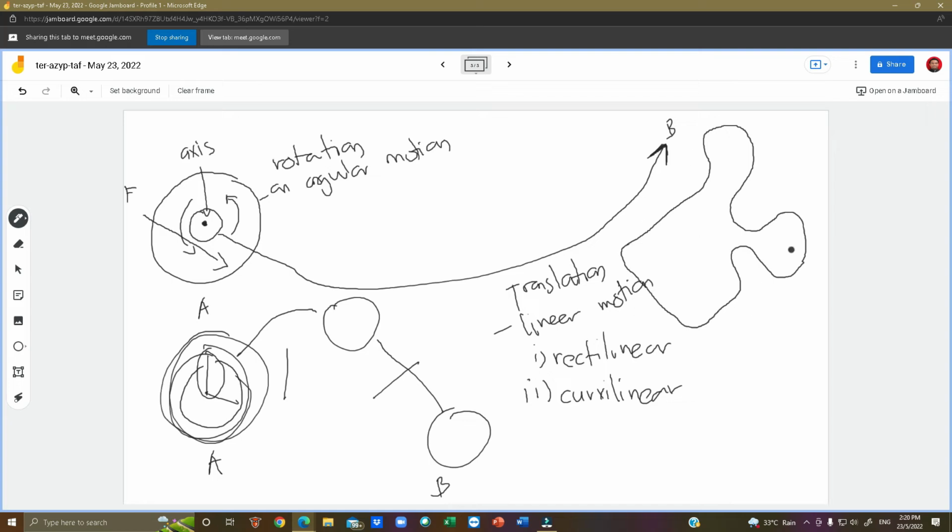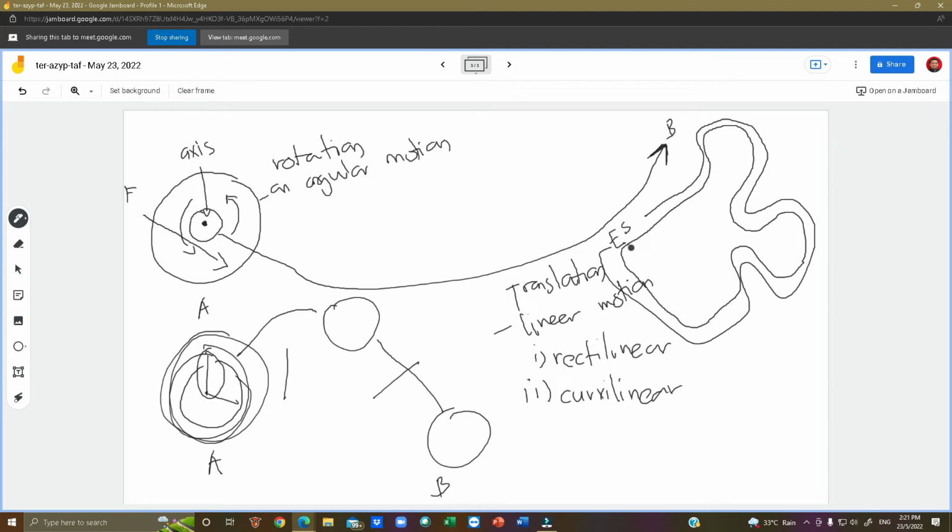Ini pergerakan apa? Linear ke angular? Start, lepas tu dia lari, dia ikut track ni kan, lari, ikut track, habis. Is this one linear or angular motion? Ada paksi tak? Linear.